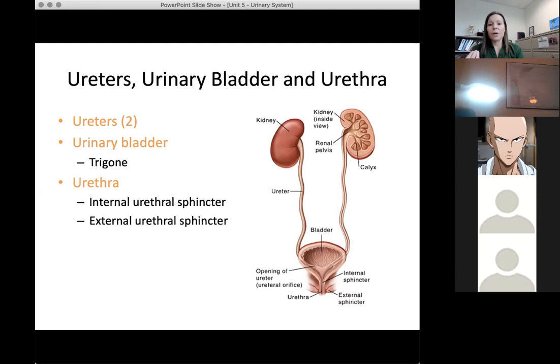They often develop somewhere in the calyces, the renal pelvis, or in the ureter. And they can cause an obstruction. They can be really painful. So symptoms are definitely pain in the abdomen, pain in the groin, and having blood in the urine.